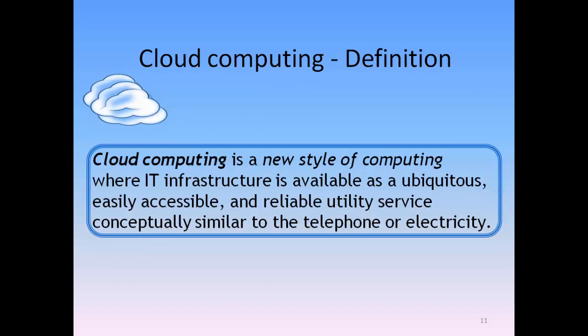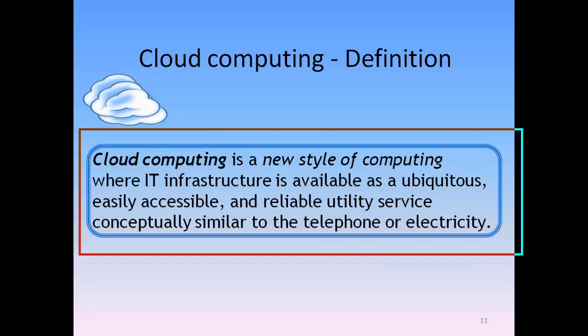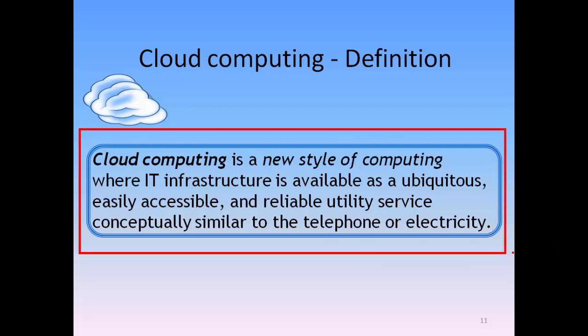So a very simple definition that I want to give for cloud computing is a new style of computing where IT infrastructure is available as a ubiquitous, easily accessible, reliable utility service.